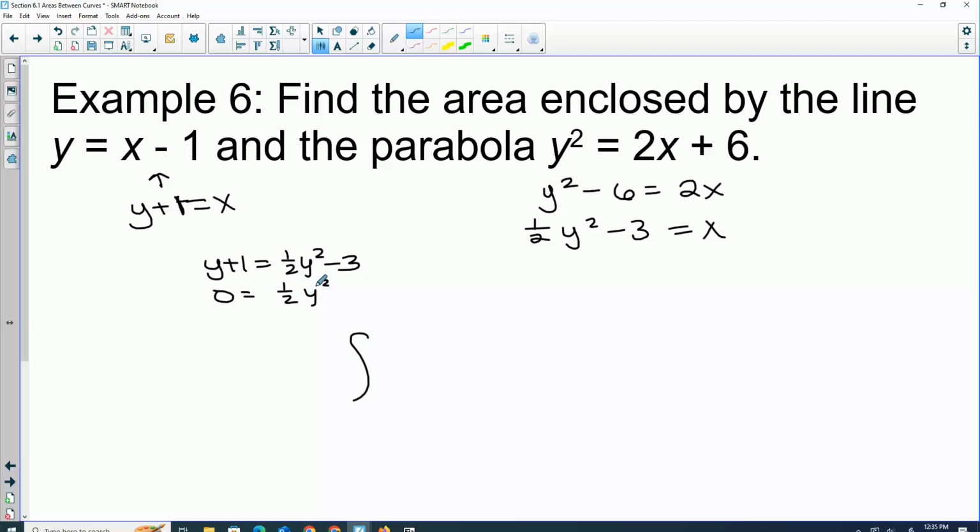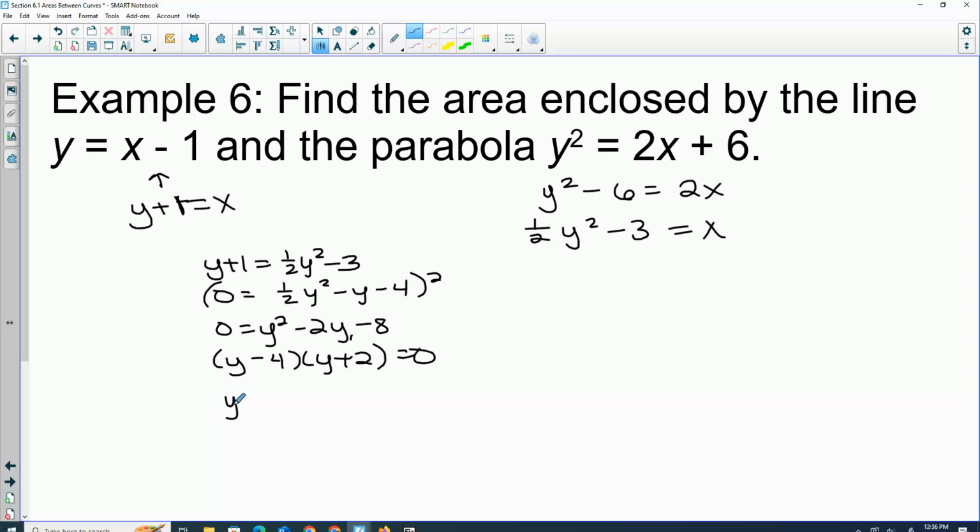So if I bring everything over, if you don't want to deal with fractions, you can multiply by 2. What multiplies to -8 and adds to -2? -4 and +2. So y is +4 and -2.